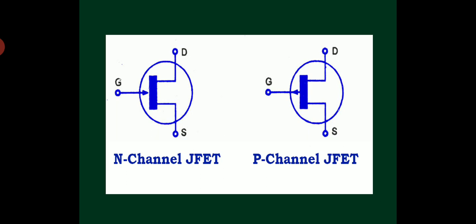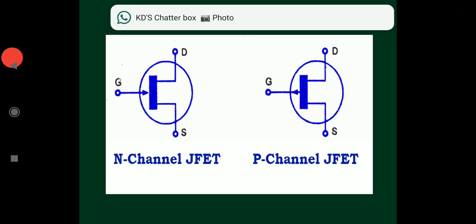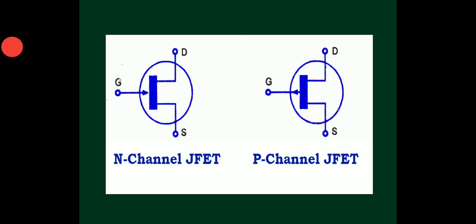And if I compare BJT and FET in terms of thermal noise, in FET it is much lower, right? But the thermal noise in BJT is more. And if I compare bandwidth, BJT has higher bandwidth and FET has lower bandwidth, right? And BJT I can use in three configurations, namely common emitter, common base and common collector.